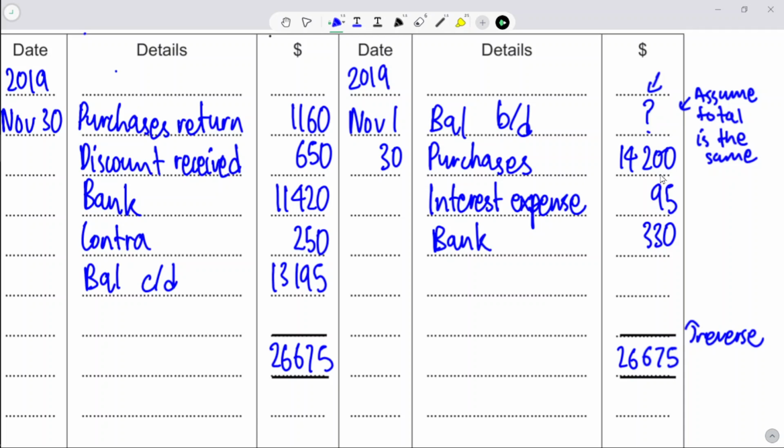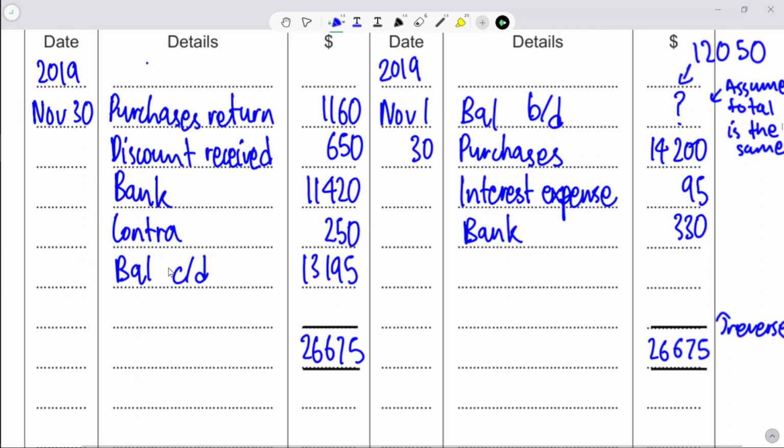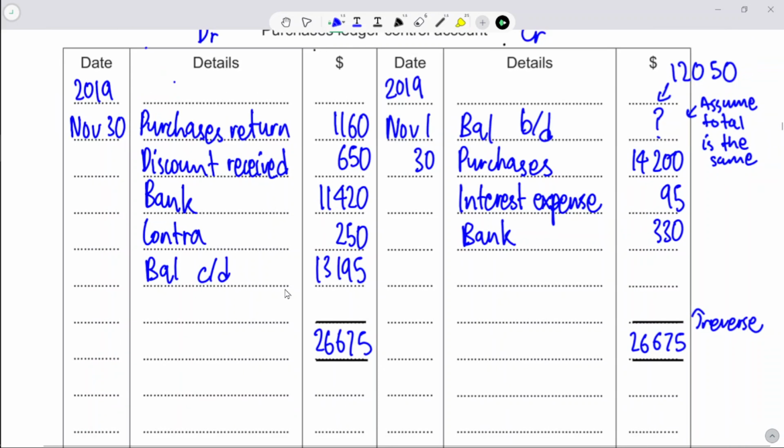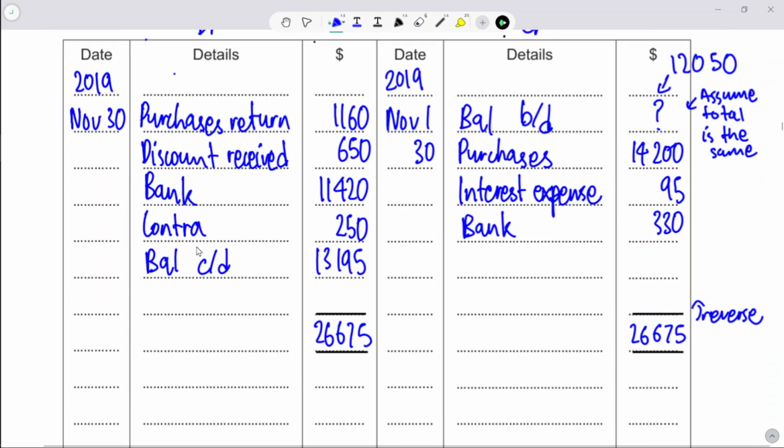So this one will be 12050. Okay. So let's bring down the balance left to right.